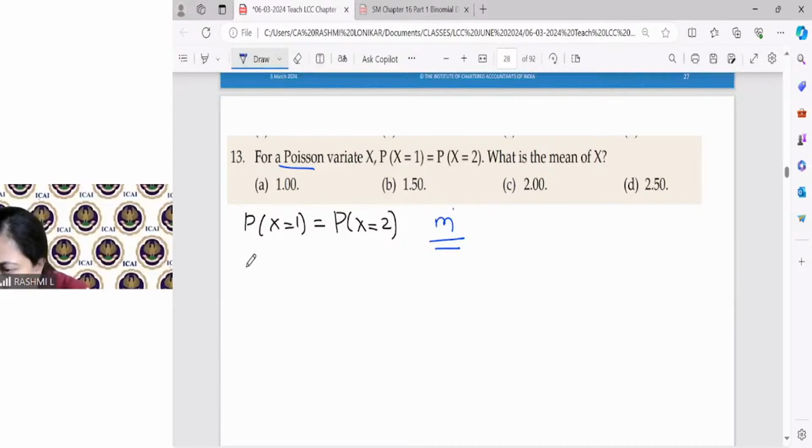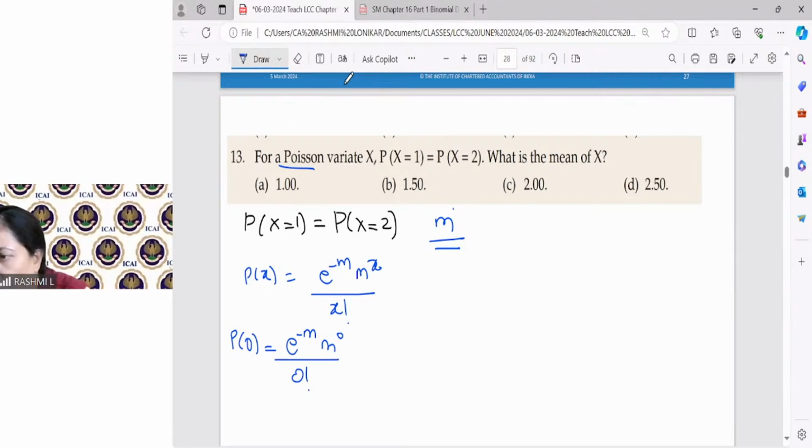So what we know is P of x is equal to e raised to minus m, m raised to x upon x factorial. That I know. So P of 0 is equal to e raised to minus m, m raised to 0 upon 0 factorial. A raised to 0 is 1, and 0 factorial is also equal to 1. So this becomes e raised to minus m.